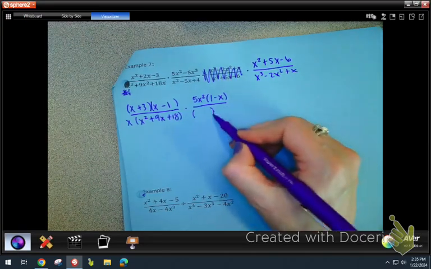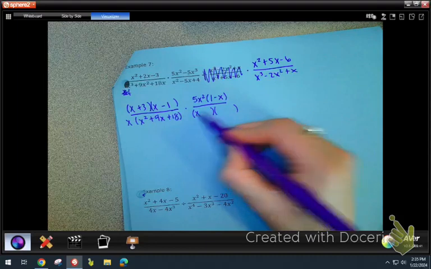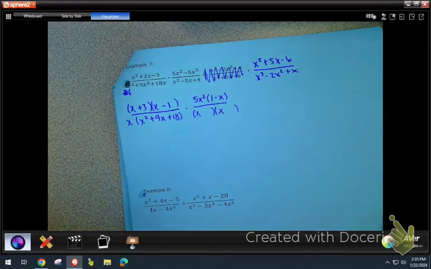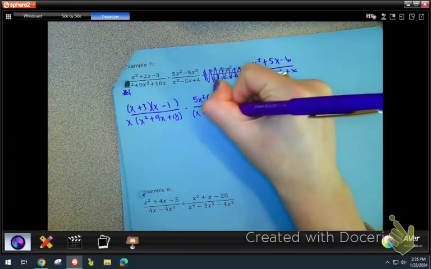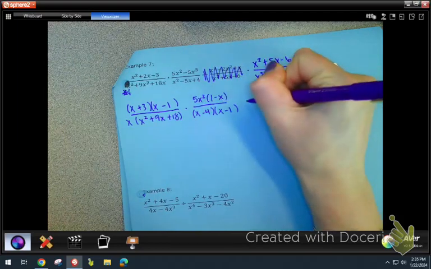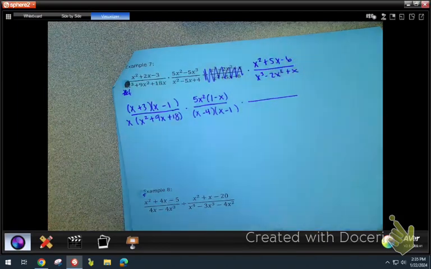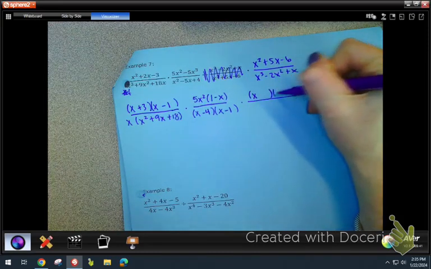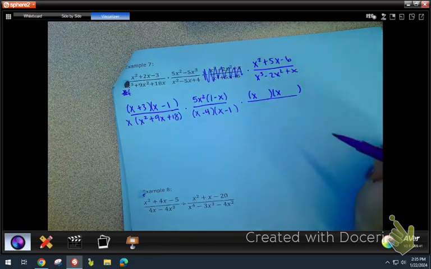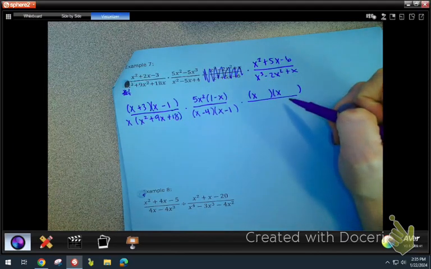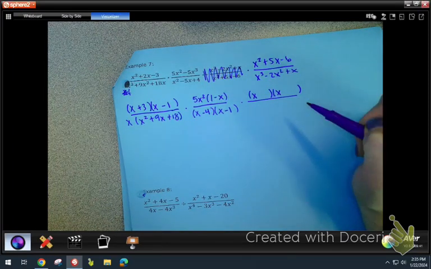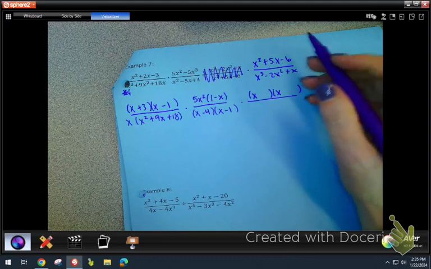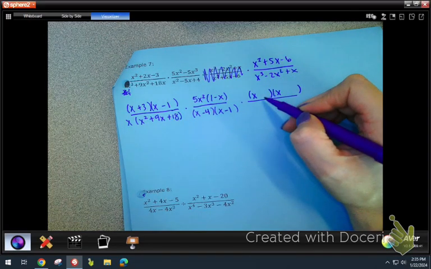X squared minus 5x plus 4. X squared plus 5x minus 6.